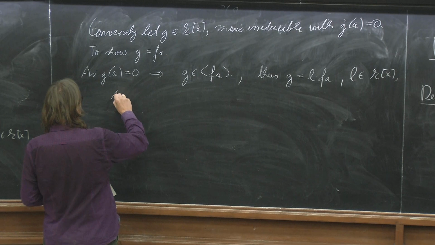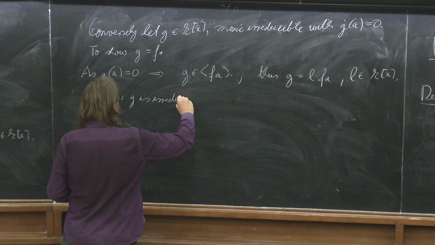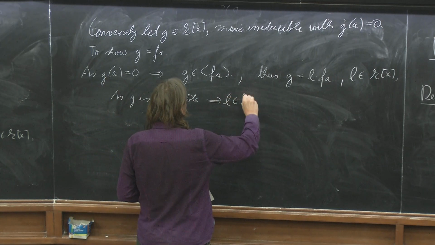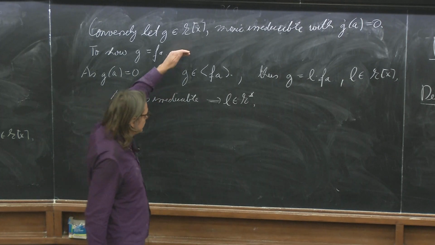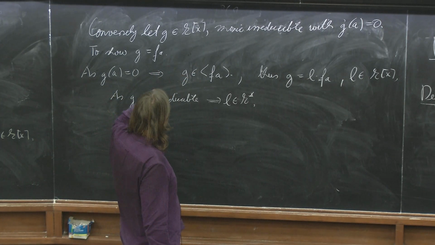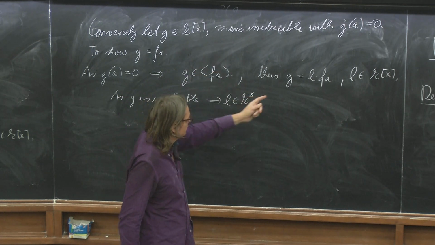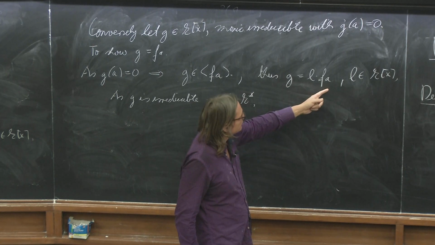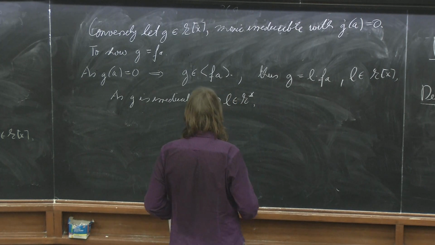As g is irreducible, it follows that l is an element in K star. But now both g and f_A are monic. So here one can see the leading coefficient of g is l times the leading coefficient of f_A. So this can only be if l is equal to 1.